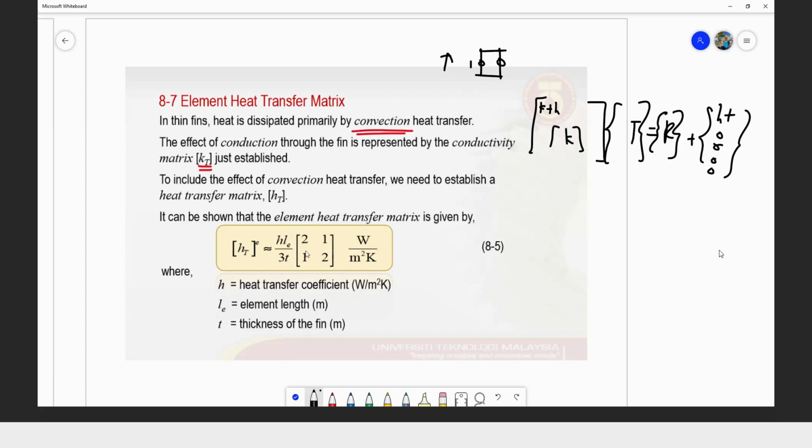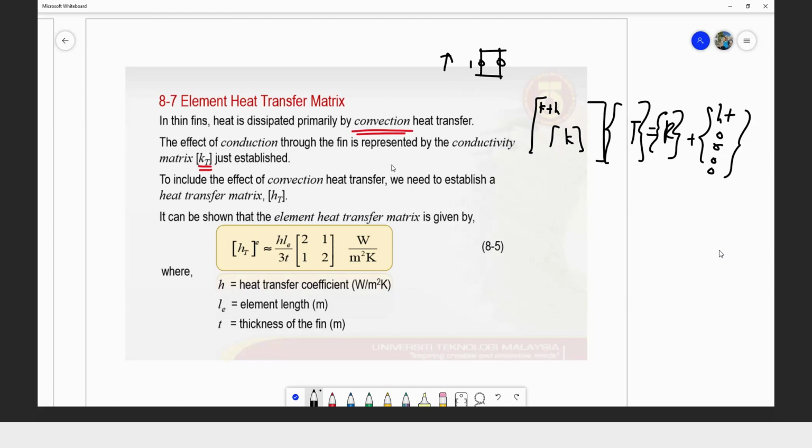So in this case, kita pun ada something similar juga sebenarnya. Tapi the way we write the matrix system of linear equation ni to include the H matrix separately from the K. So nanti kita tengok itu.